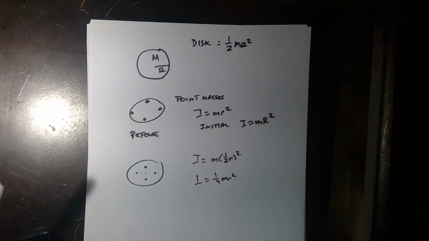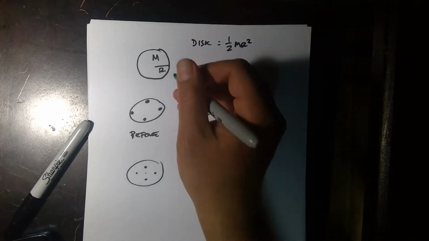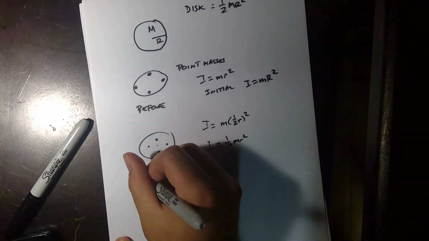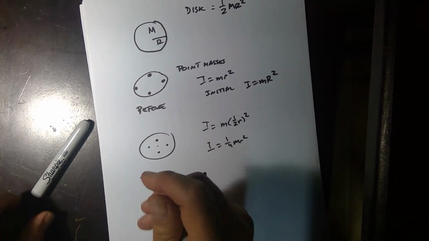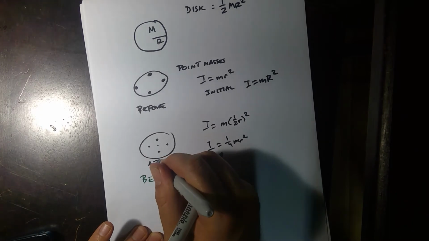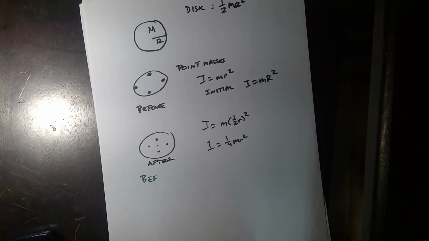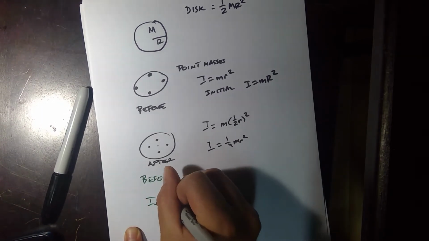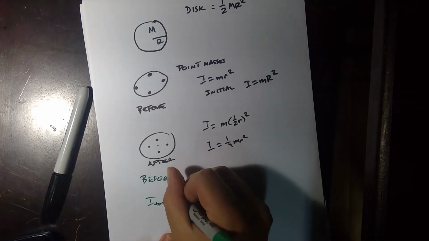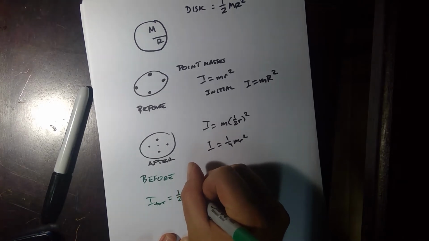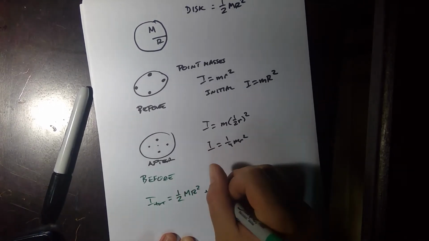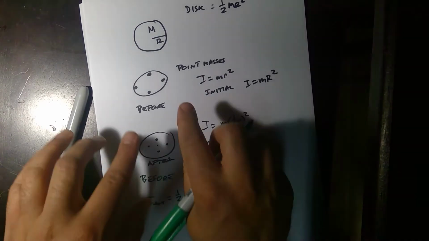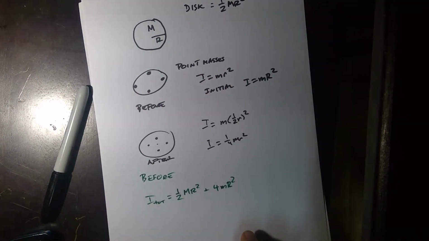So if we look at the initial conditions, the total moment of inertia is going to be that of the disk plus each point mass here. So before, let me label this as after. Before, you have a total I of 1/2 Mr squared, that's a capital M, plus 4 point masses that are lowercase m, and they're at the edge, so it's the radius squared again.